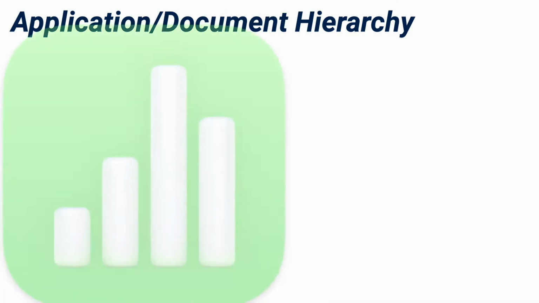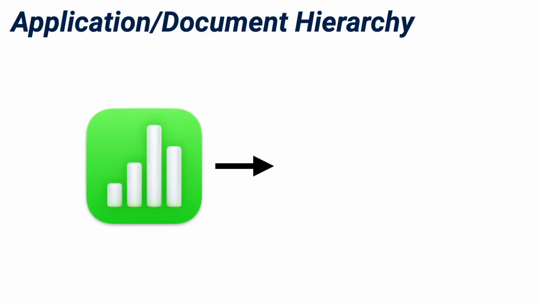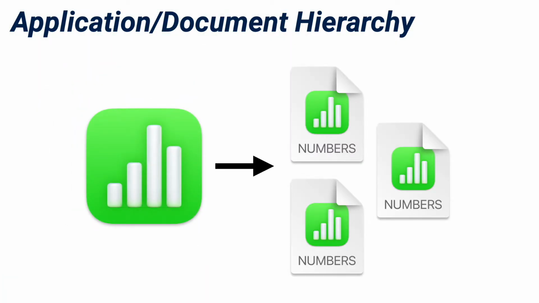Now I know I've shown this graphic before in a previous video, but I felt it was important to discuss it again just in case you hadn't seen that other video. So every document, every application has a hierarchy as it relates to AppleScript. And within Numbers, we need to make sure that we're targeting each of those pieces of the hierarchy correctly in order to interact with its elements.